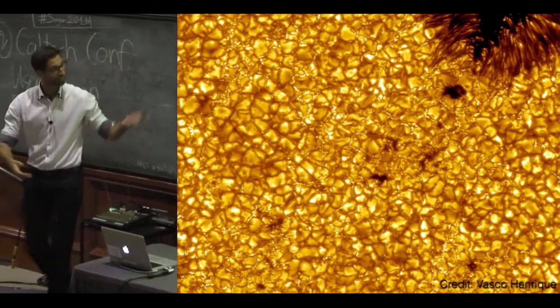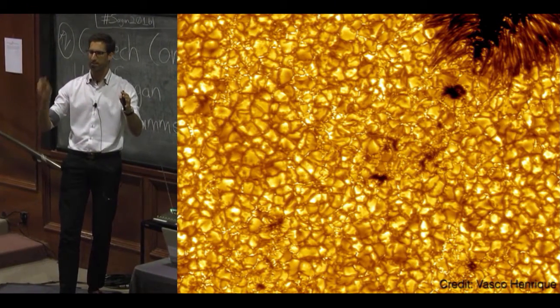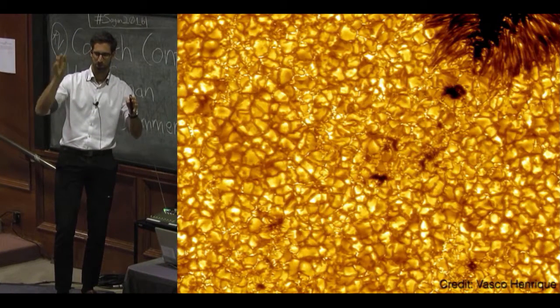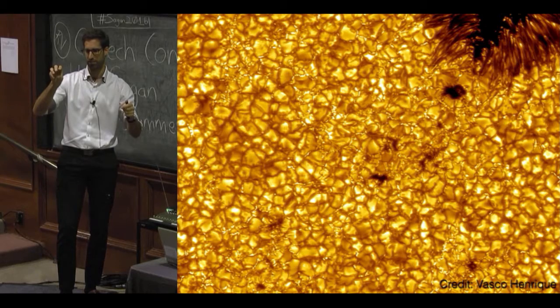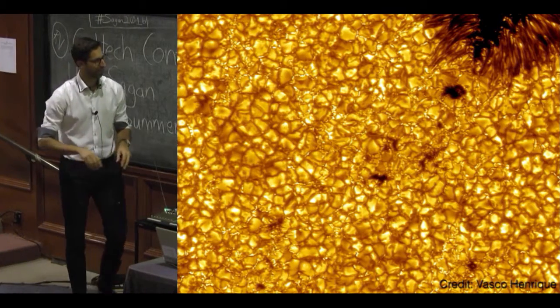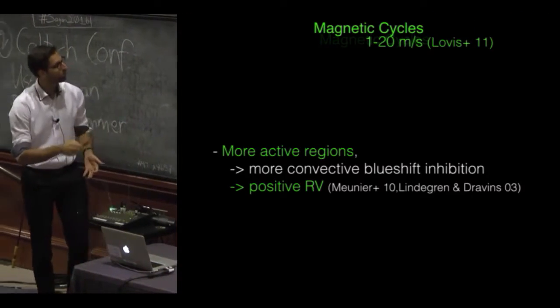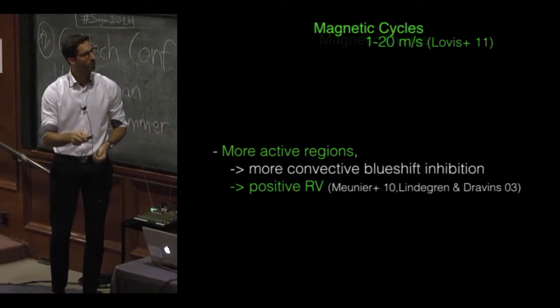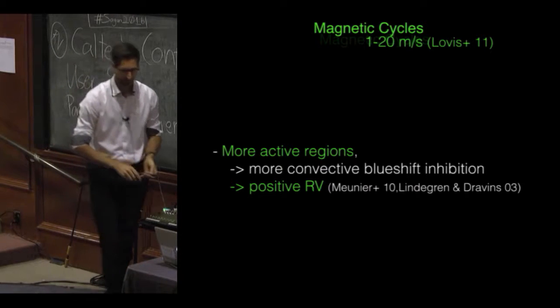So let's come back to this thing about convective blue shift. So all the star is blue shifted. And then you start to put one spot. So one spot creates some redshift there. Redshift, which means a positive radial velocity. And then you put another spot. You put more redshift. And you put another spot and more redshift like this. So more active regions, more convective blue shift inhibition, so redshift, which means a positive radial velocity.